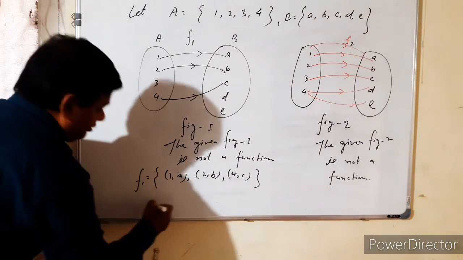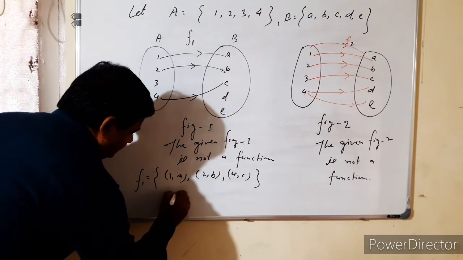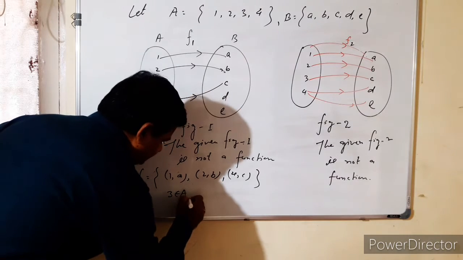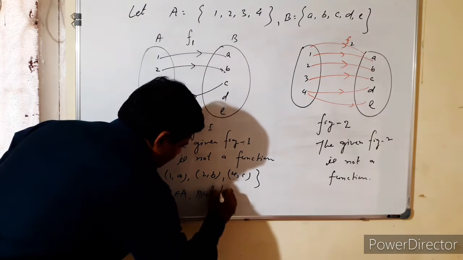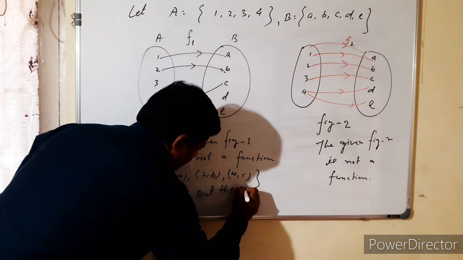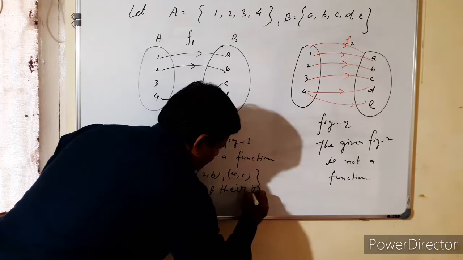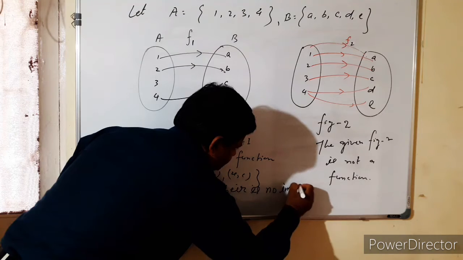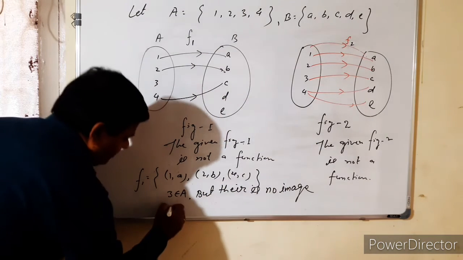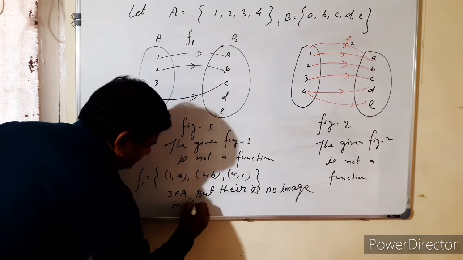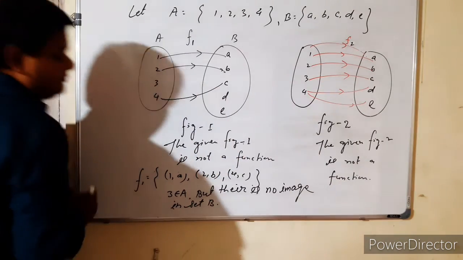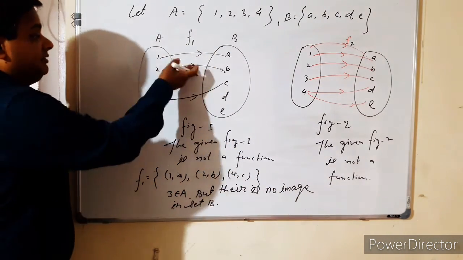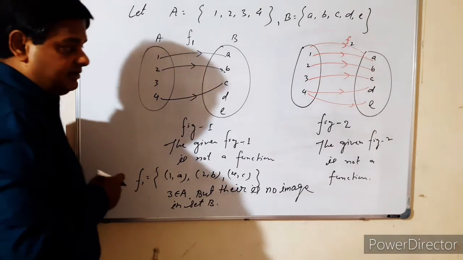So 3 belongs to set A, but there is no image in set B. Therefore, f1 is not a function.